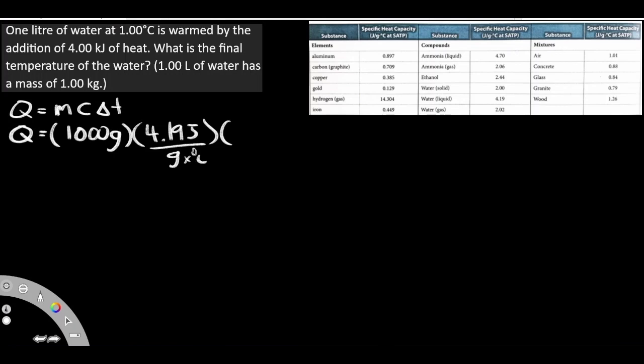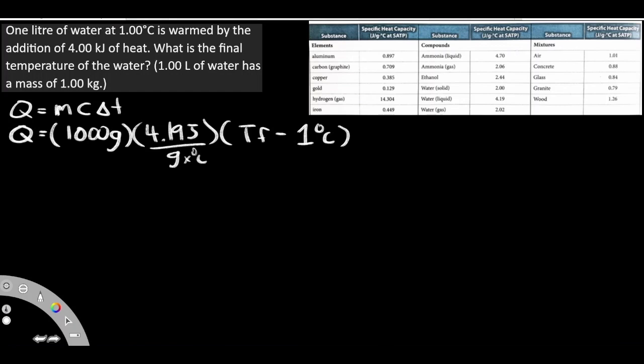And we need to change our delta T into T final, our temperature F, right, which would be our final. And we know what our initial is. It's 1 degree. So instead of writing Ti for our temperature initial, we can just put 1 degrees Celsius. And then we have to add our addition of heat.